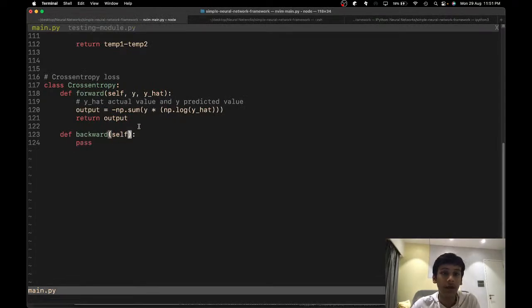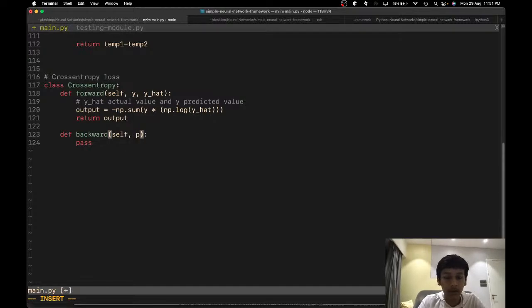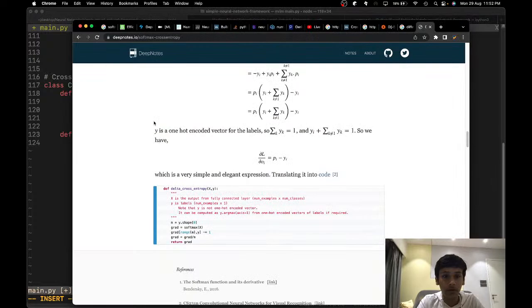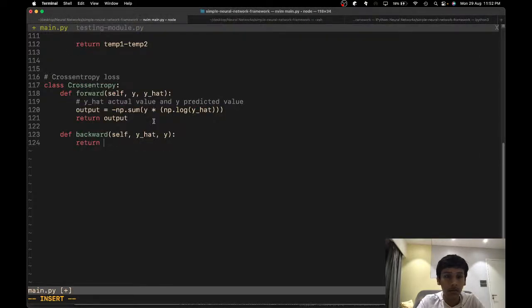And we can just take in probabilities and actual. You know what? Let's just use y hat and y. So we can just return y minus y hat.